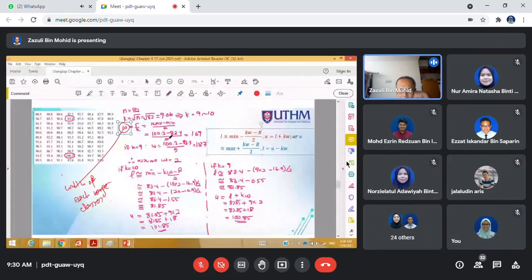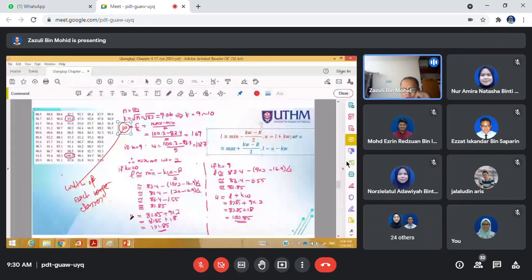If k is 9, then you get 1.87. Then you can define the lowest value and the uppermost value.